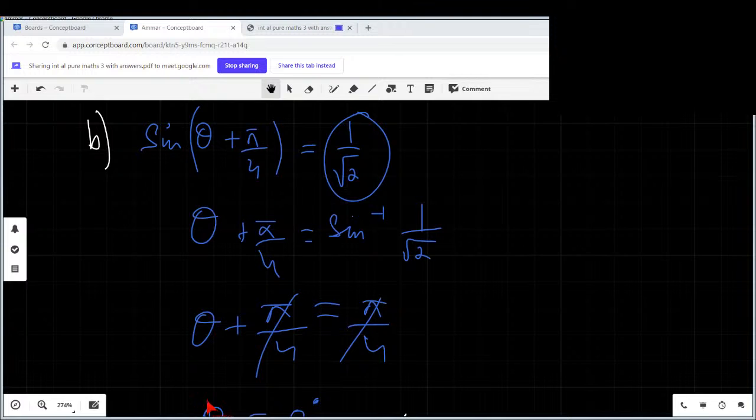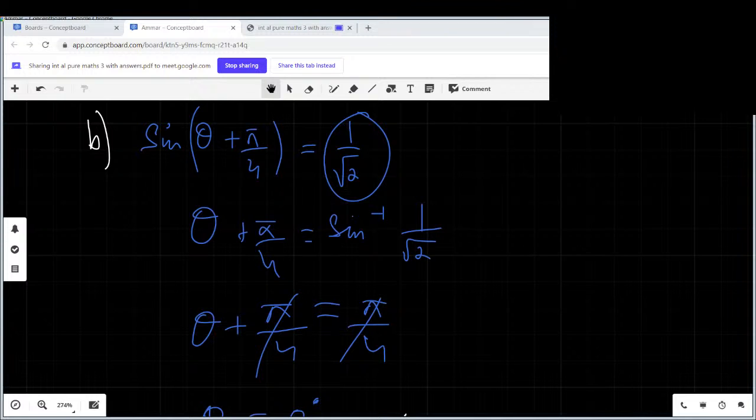So for pi by 4, it will become pi by 4 less than or equal to theta plus pi by 4, which is less than or equal to 2 pi plus pi by 4.